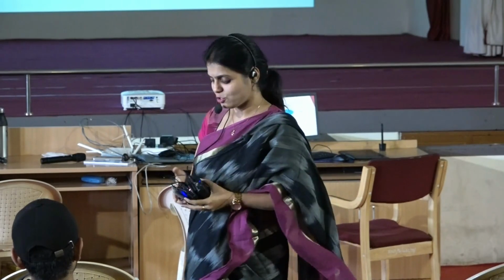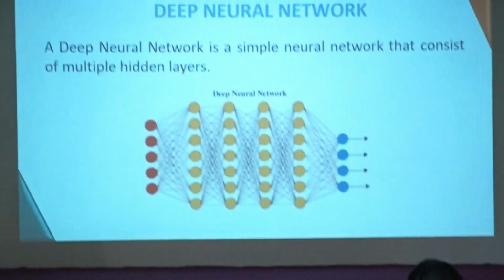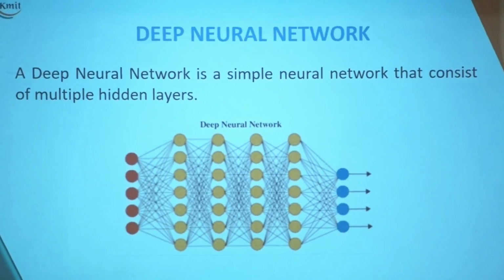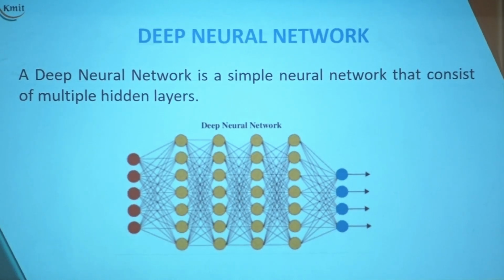Now, input is connected to the first hidden layer. The first hidden layer is connected to the second hidden layer. Input is not connected to the second hidden layer, as you can see in the diagram. Are you getting my point?